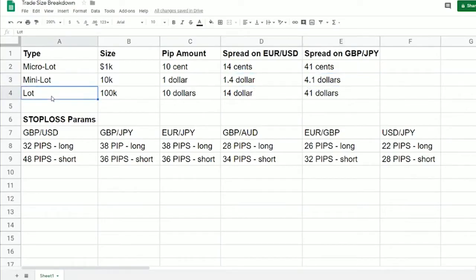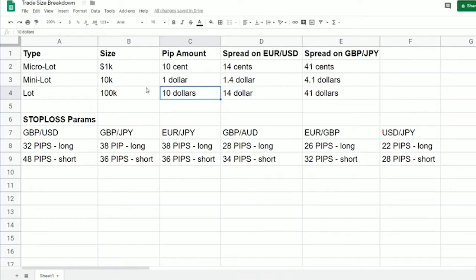So one lot is just one. In your broker, you'll see you can purchase euro dollar for one lot. That is representative of $100,000 that you're borrowing to buy or sell that particular currency pair. 1 pip equals $10 per tick up or down. Okay.